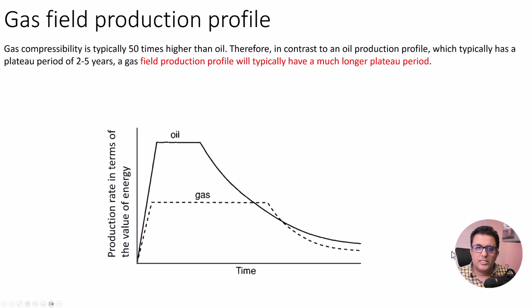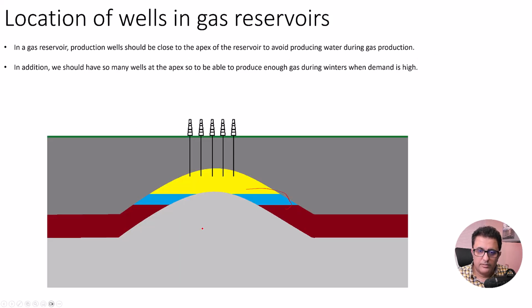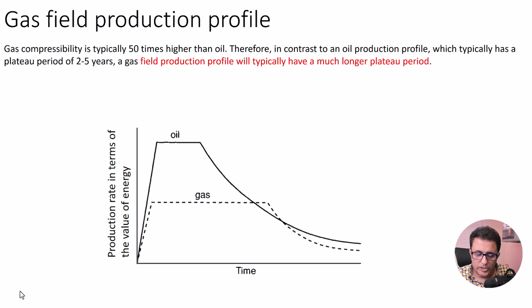Now let's compare the production of gas versus oil. As you see here, the plateau period for gas is much longer compared to oil. And the reason is that gas has very high compressibility and a higher recovery factor, and that's why the plateau period is much longer compared to oil.